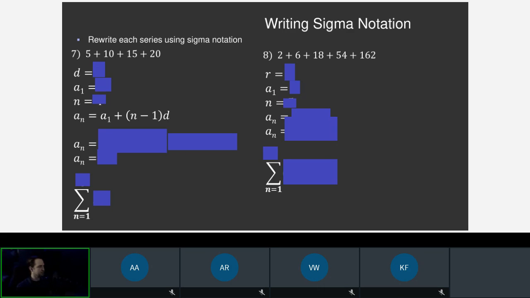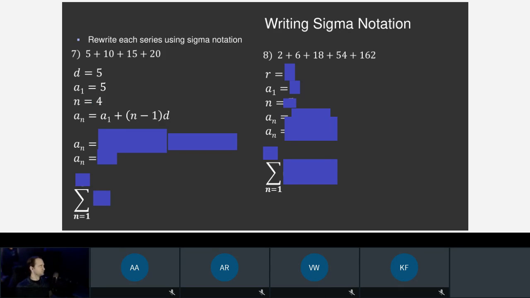What are we doing every single time? Yeah, we're just adding 5, right? Adding 5 every single time. So what's the common difference then? Well, you guys already said it, 5. Your first term is 5. And then how many terms are we adding together?